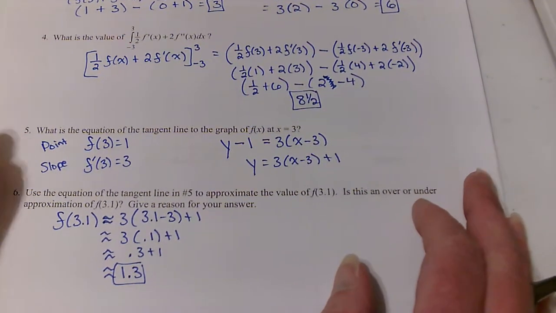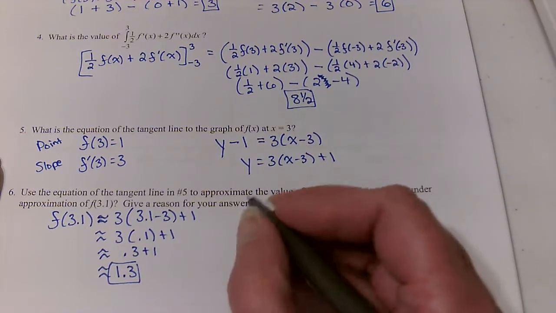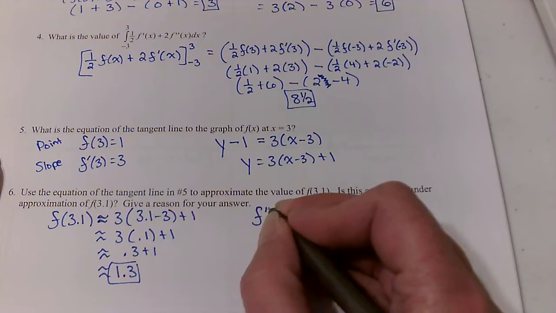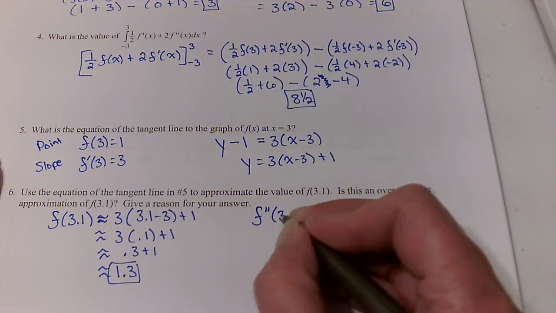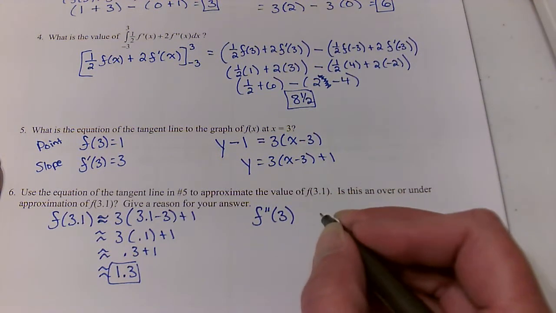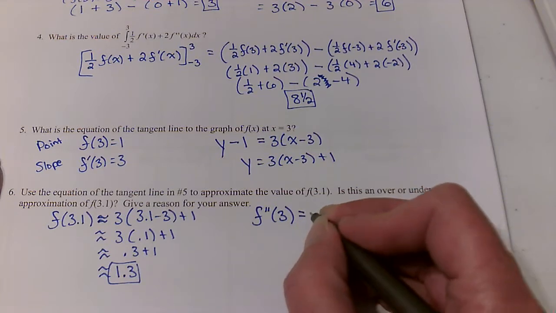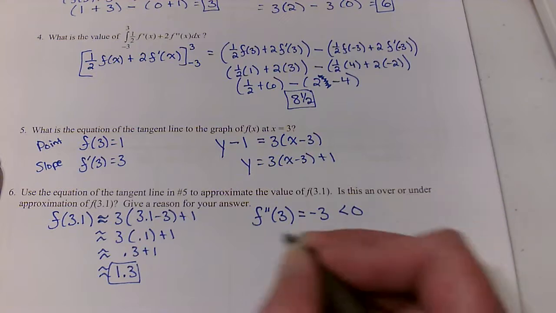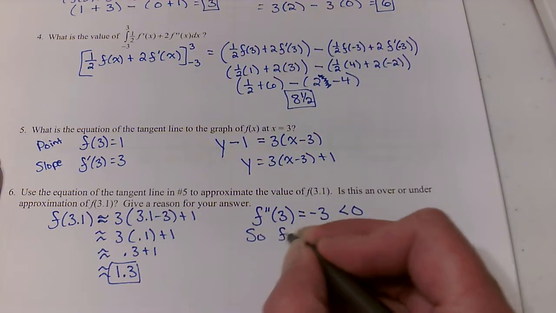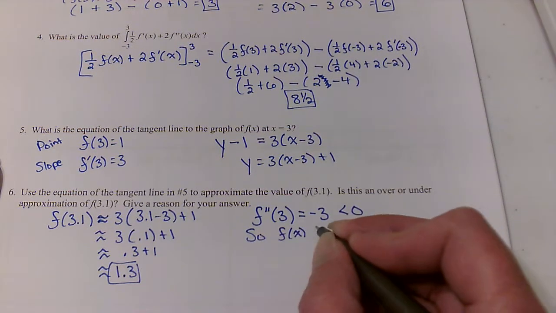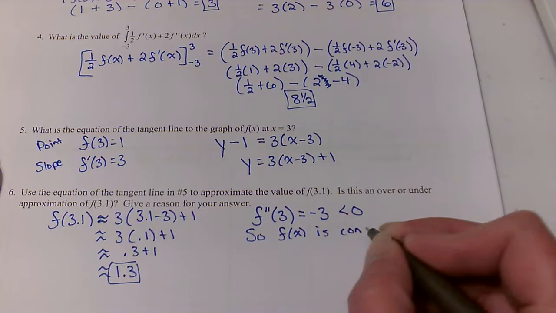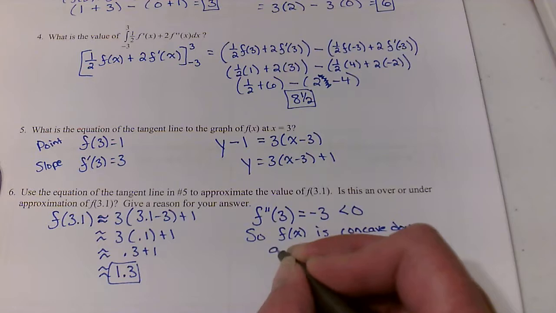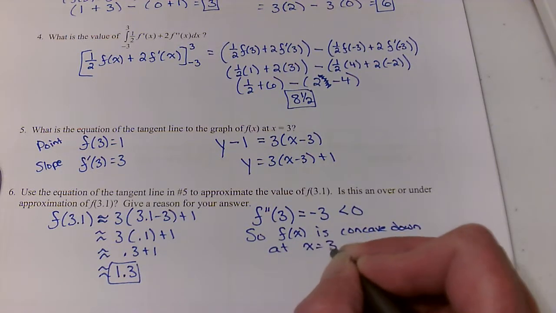Now, how would we know if it's an over or underestimate? Well, let's look at the second derivative at 3. Well, it was negative 3, which is less than 0. So f of x is concave down at x equals 3.